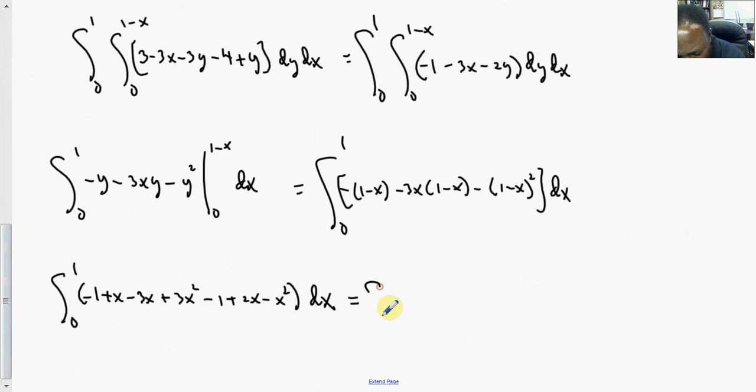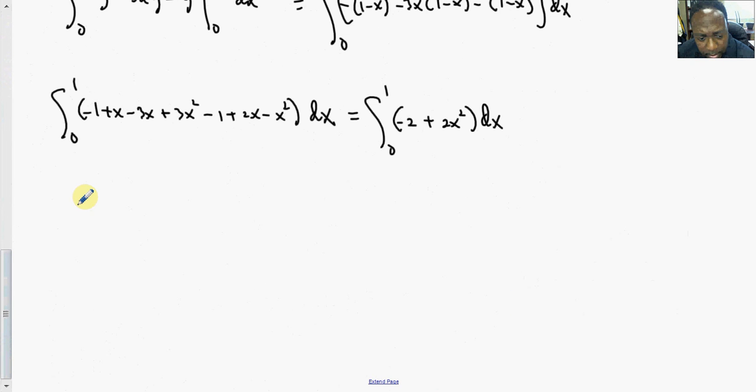So let's see. I'm still simplifying. This is -2. We have x minus 3x plus 2x cancels out. We have 3x squared minus x squared, which becomes plus 2x squared dx. Integrate.